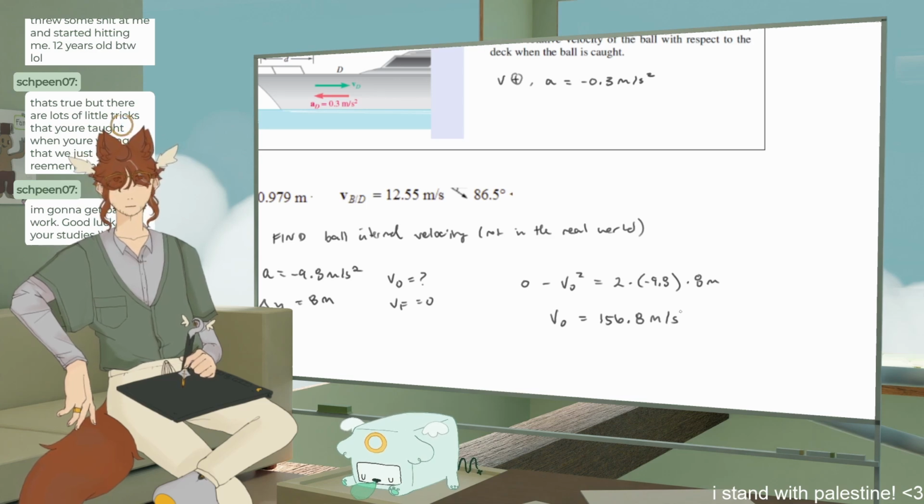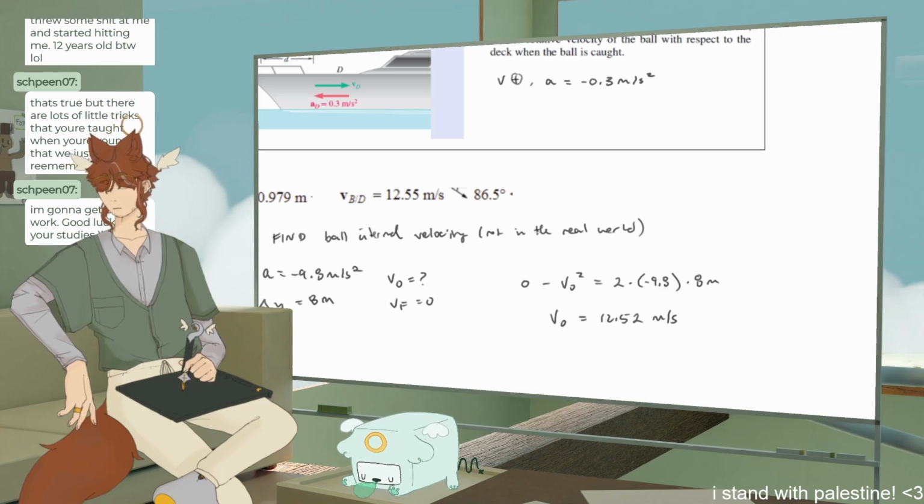Okay, that seems more realistic. 12.52 meters per second. Okay, that's 27 miles an hour. Wait, how fast do people throw balls? Even little league pitchers throw 60 to 70 miles per hour. Okay, never mind, this is not a very fast throw. Good to know, though. Just dunking on this child.